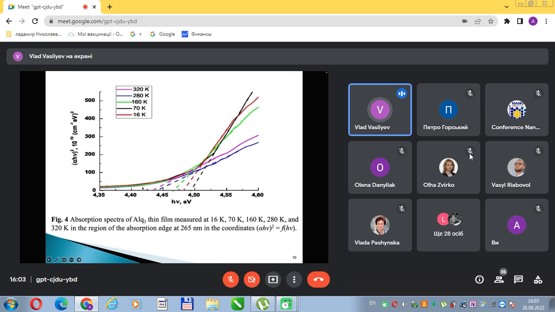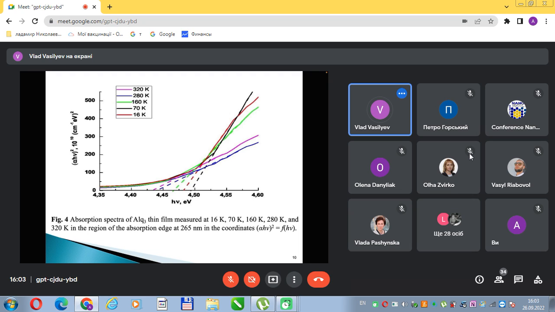Using the Tauc equation for temperatures of 16 Kelvin to 320 Kelvin, we obtained the corresponding values of the second optical energy gap of the aluminium Q3 film, respectively 4.48, 4.49, 4.47, 4.44, and 4.43 electron volt.